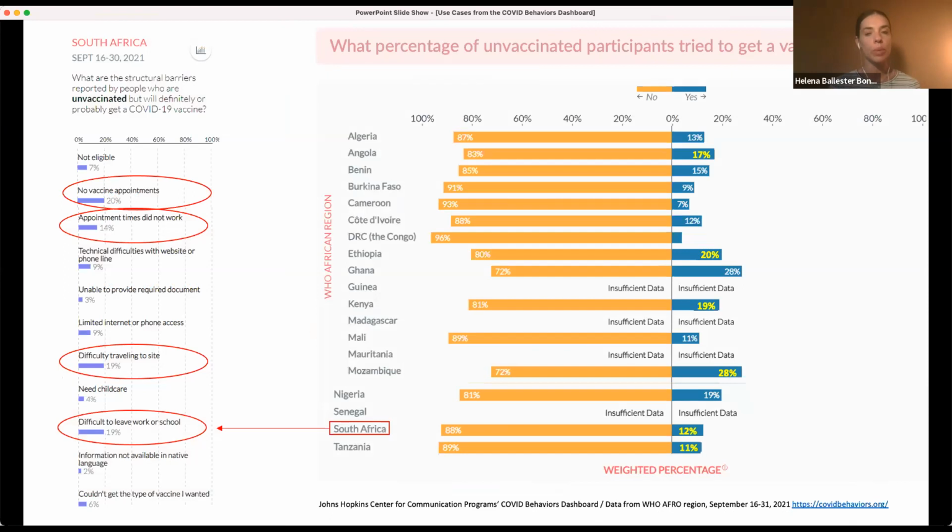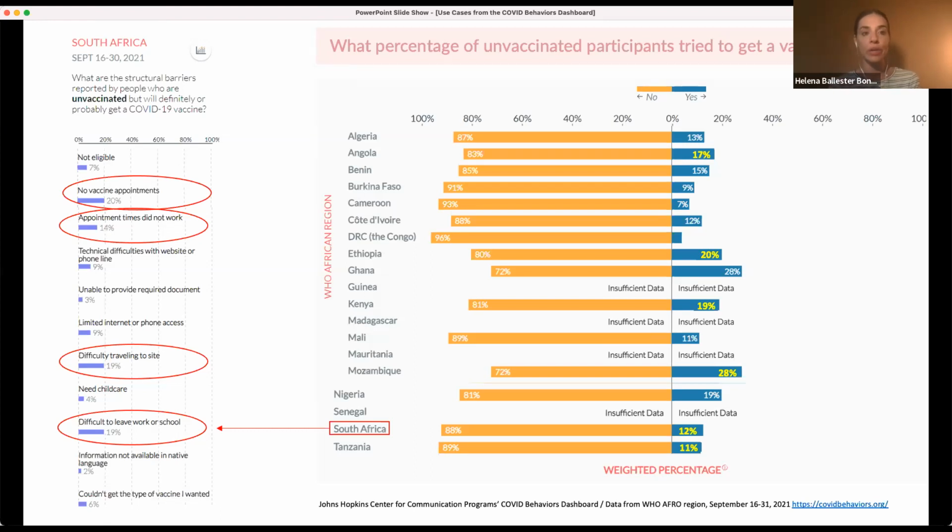The most interesting part for me on the dashboard was actually triangulating these two pieces of information that the dashboard contained and that we were not capturing in our data. The first one was the percentage of unvaccinated participants that actually tried to get the vaccine. And this is very important in a context in which access to vaccines and access to the health facility itself remains a huge challenge.